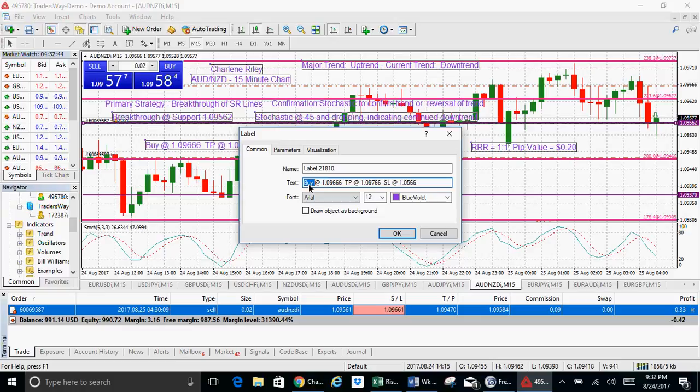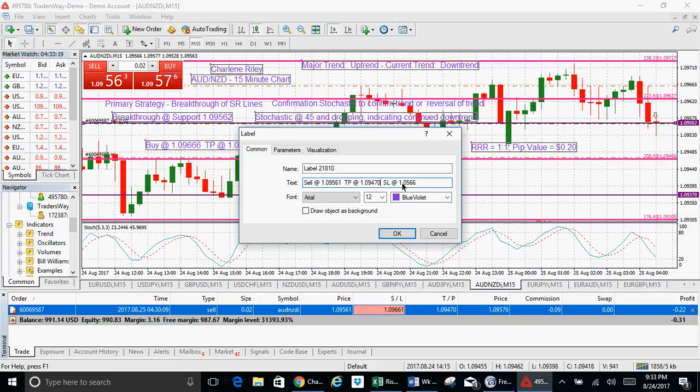So I had a sell at 1.09561. My take profit at 1.097. No, 1.09470.